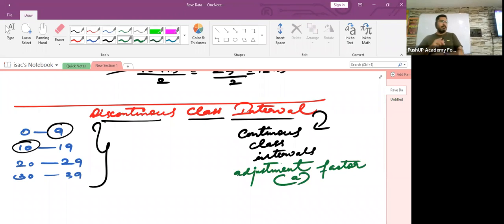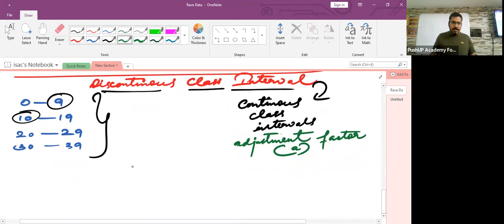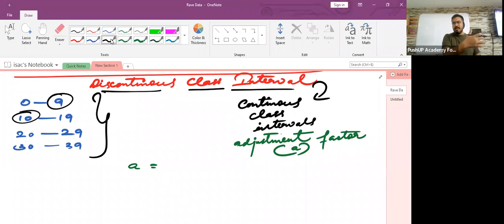Noted it? Now, what is an adjustment factor? Let's learn it. First, we will learn how to find the adjustment factor, and then we will learn how to use the adjustment factor to convert discontinuous to continuous class interval. All right, let's go in that flow.